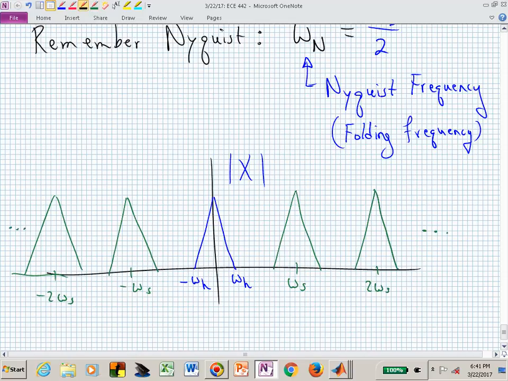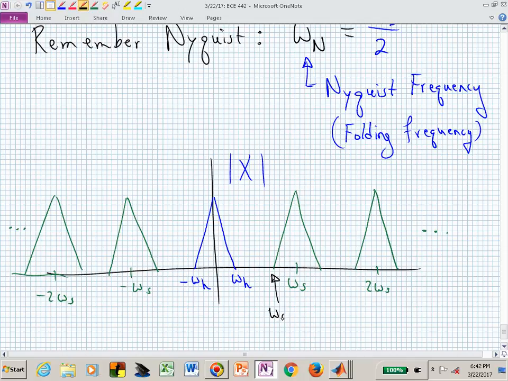Now, if this picture gets copied at every integer multiple of omega sub s, what do I know about the leftmost point of that first green triangle? What frequency is it at? If it's a copy of the blue that's centered at 0, so this one right here has what value?